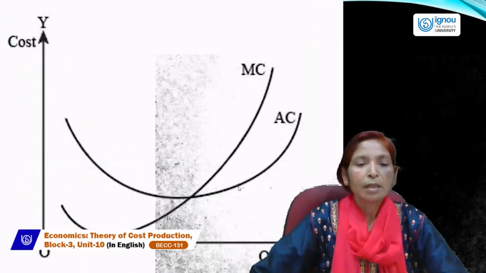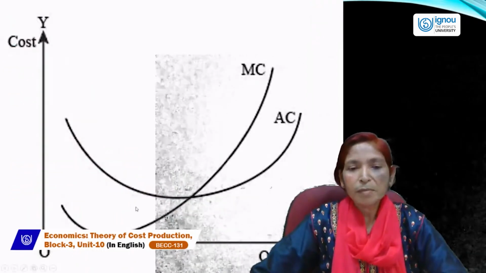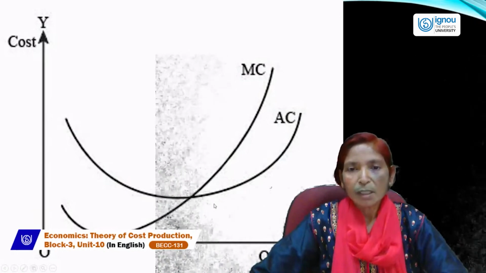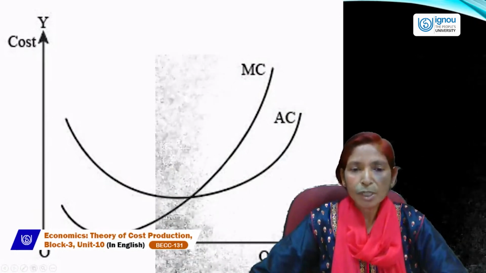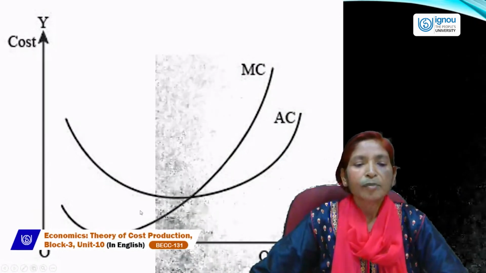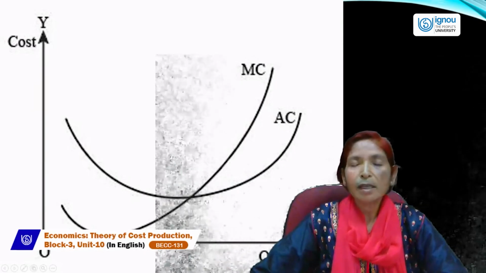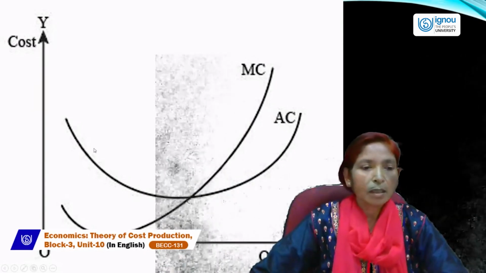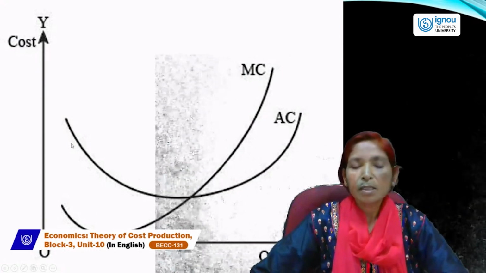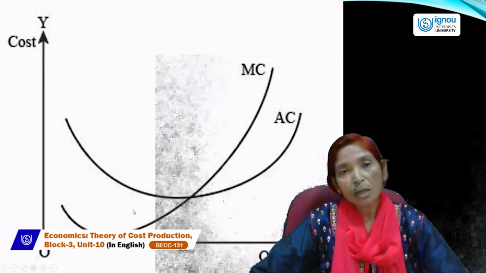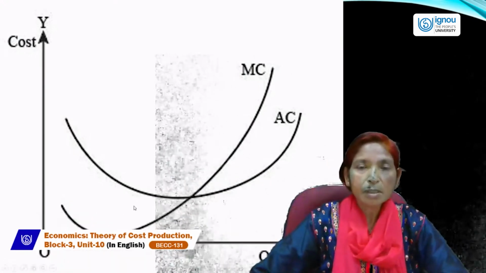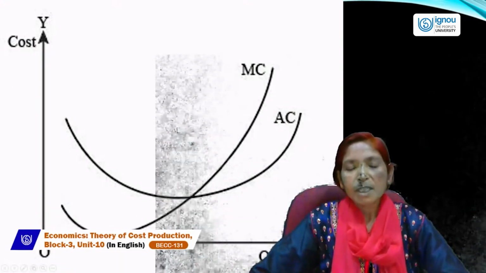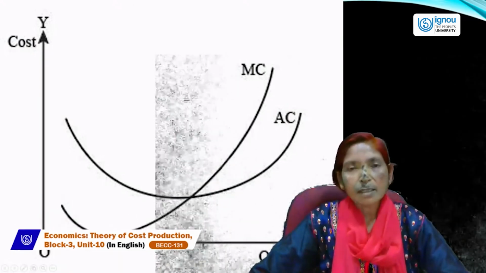Now next is the relationship between AC and MC. You know that the AC curve is always a U-shaped curve and MC is also a U-shaped curve, and MC always cuts AC at its minimum point. Here in the beginning AC starts falling. When AC starts falling, MC falls before AC. After that, MC always cuts AC at its lowest point.